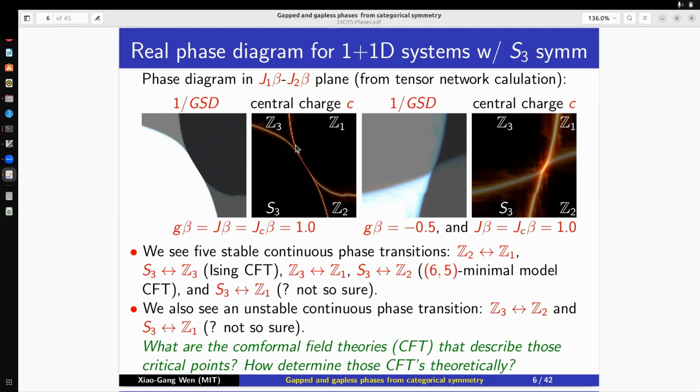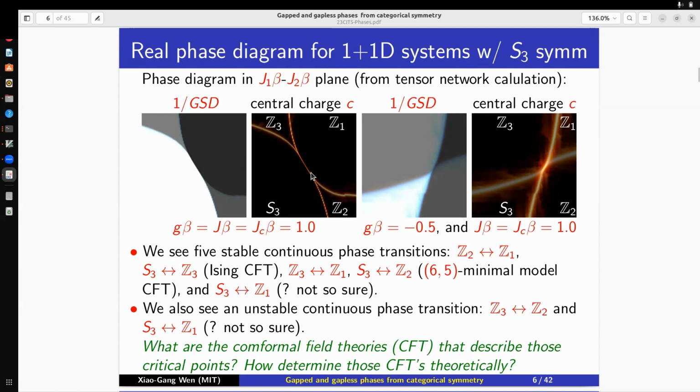According to Ginzburg-Landau theory, this transition allows a cubic term and should be first order, but in reality it's continuous. So one needs to explain why Ginzburg-Landau theory predicts a first order transition but in reality it's continuous. And this one is mysterious, the transition from S3 to Z1.